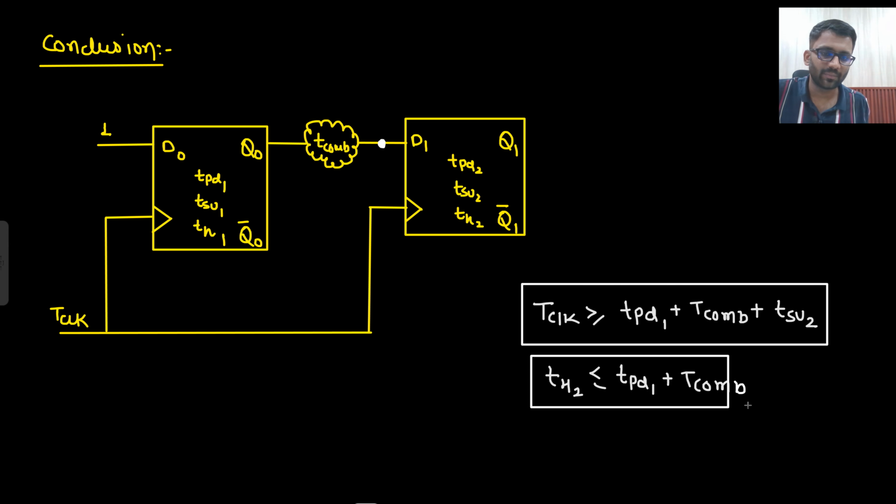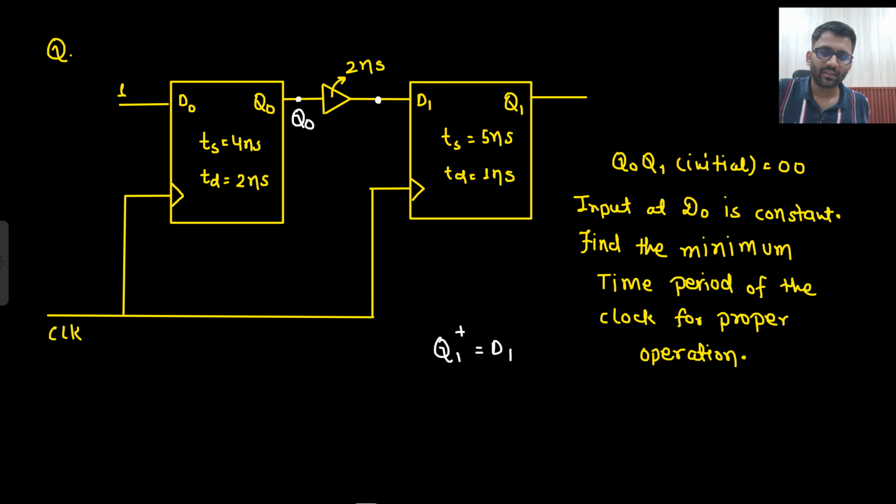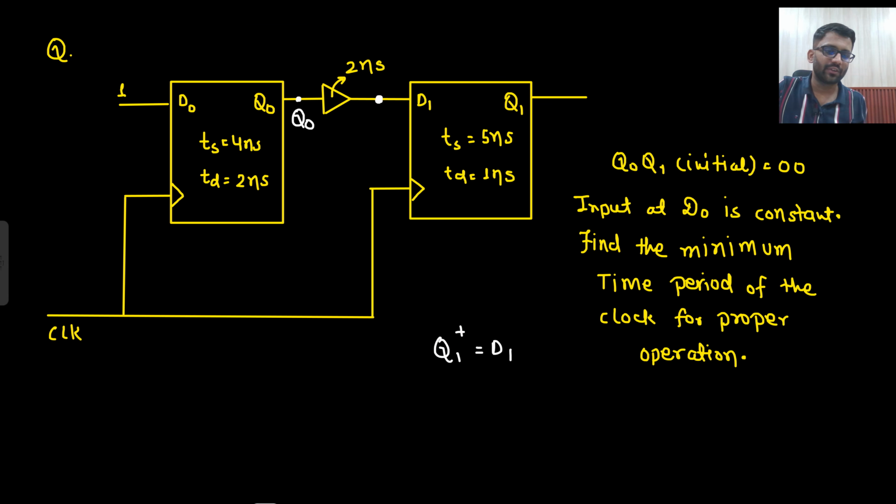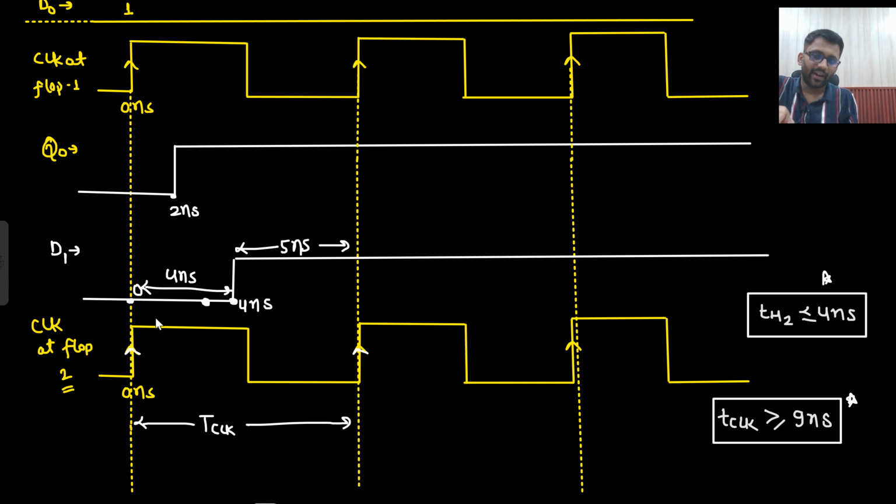We have already seen in the example that my D1 input is becoming stable after 2 plus 2, 4 nanoseconds, and I should have a margin of maximum 4 nanoseconds. So your whole time should be maximum 4 nanoseconds. If it is more than that, let's just say 5 nanoseconds, then there is an issue because your input is changing.